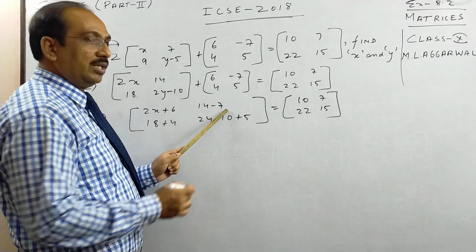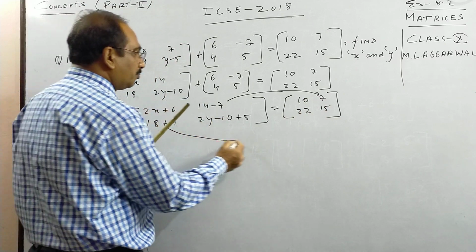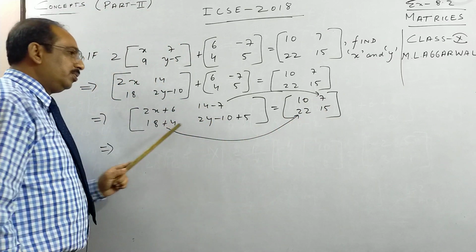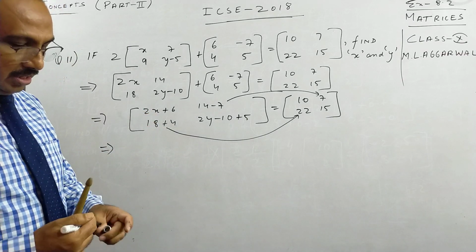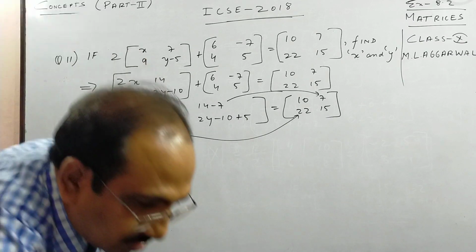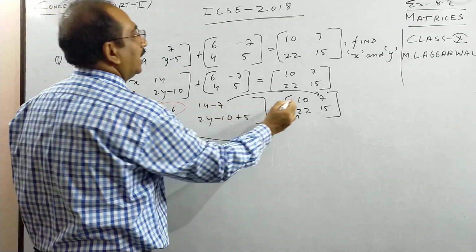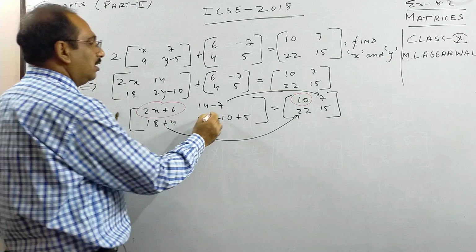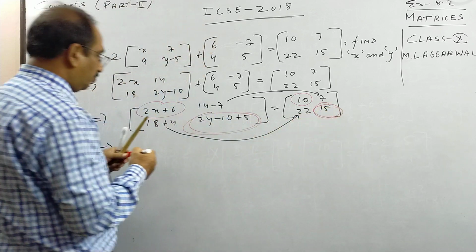One nice thing, children: this is 14 minus 7, this corresponding element is 7. This is 18 plus 4, 22. This is also 22. So solving for x and y, we have this and this two corresponding and these two corresponding.